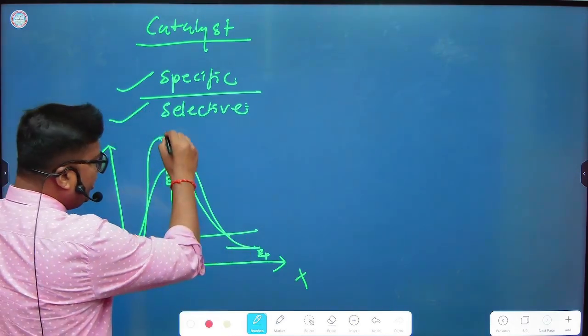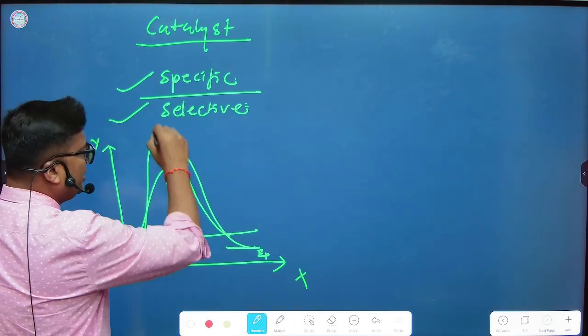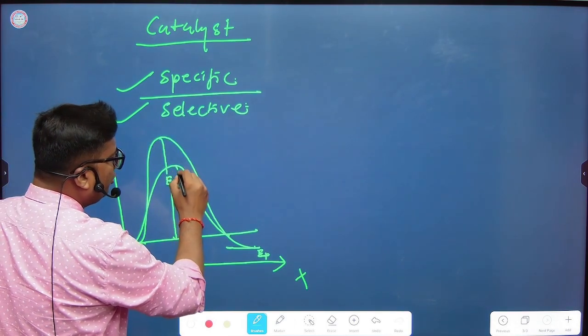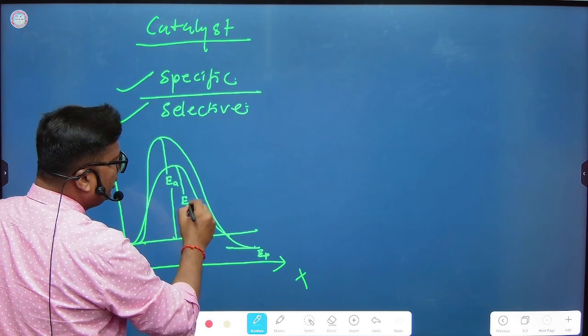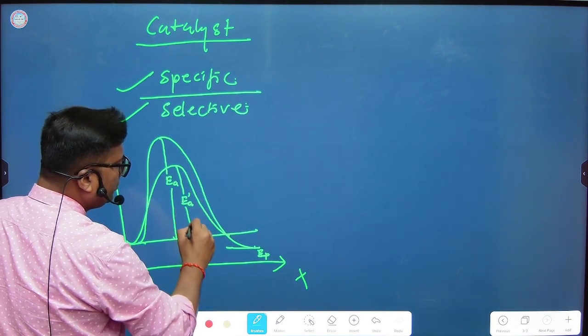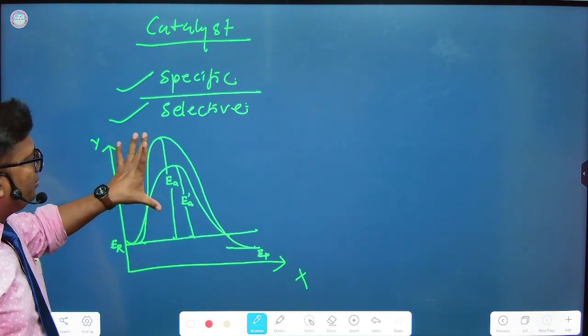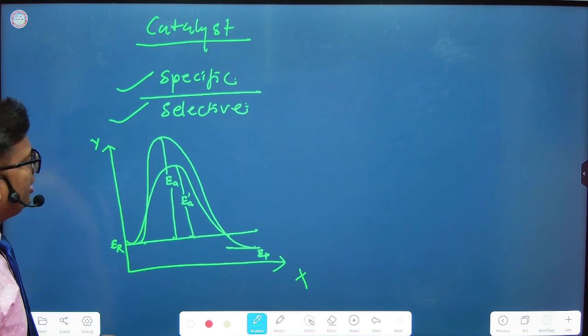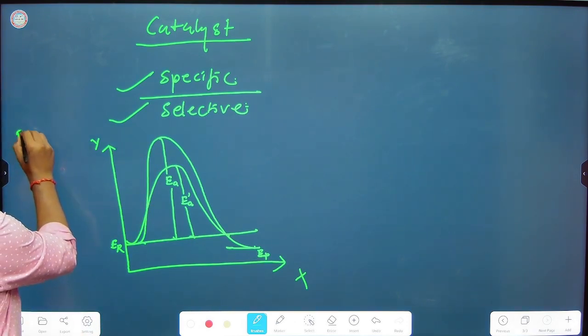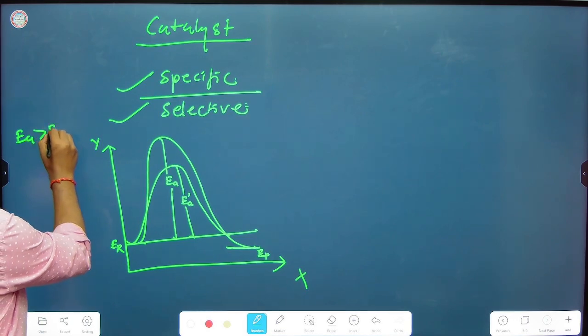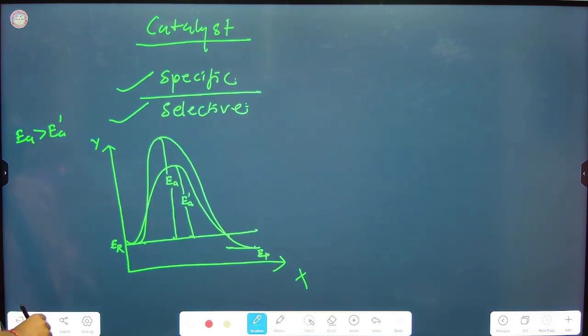Now the height of this activation energy is reduced. Now it becomes EA dash, right? So earlier the height of this activation energy EA is very large compared to EA dash.